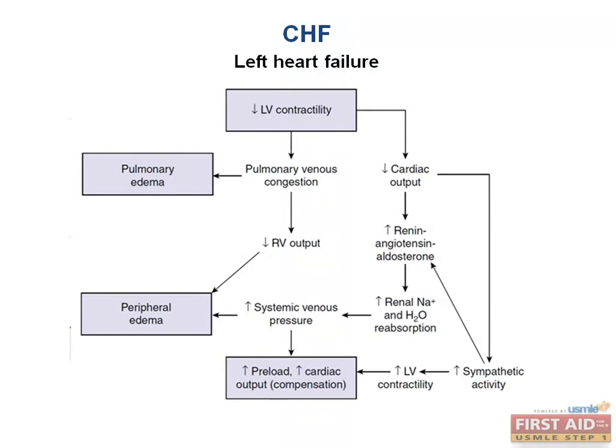So left-sided heart failure is a serious problem due to a decrease in cardiac output, which we called forward failure. And this is from the decreased left ventricular contractility in the case of systolic dysfunction, or a decrease in cardiac output from a non-compliant ventricle refusing to allow adequate end diastolic volume, which means our preload is low.